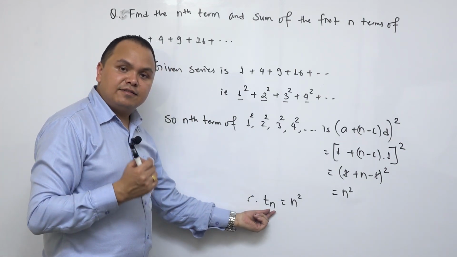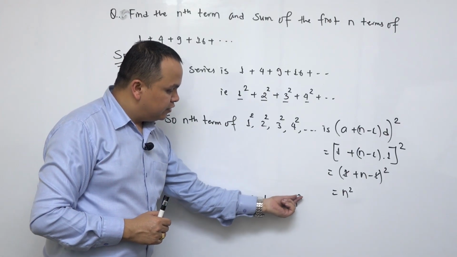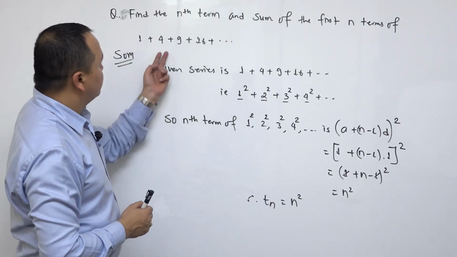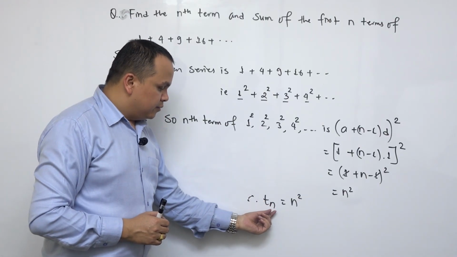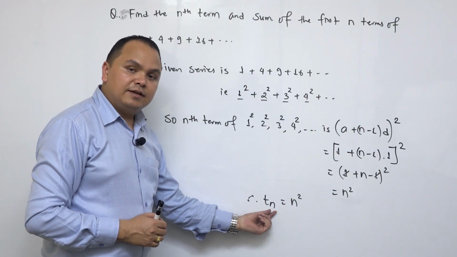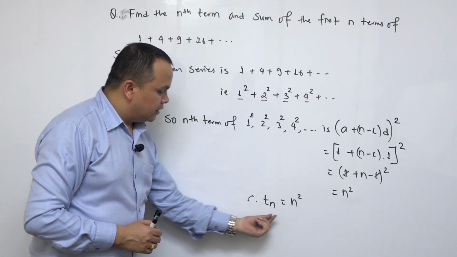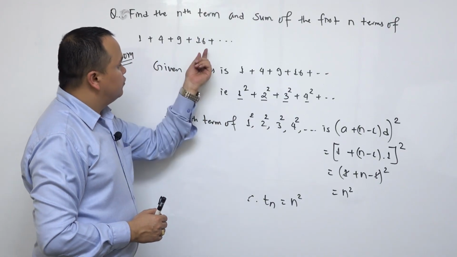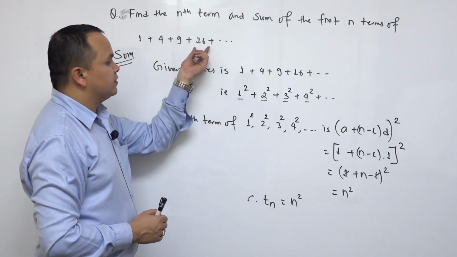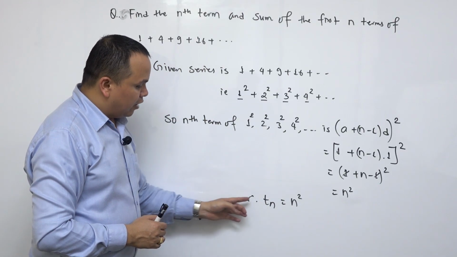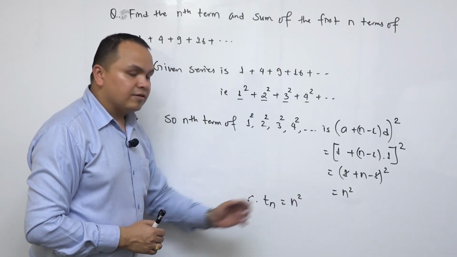Similarly, if we put n is 2, then 2 square, which is 4. If we put n is 3, then 3 square, which is 9. And if we put n is 4, then 4 square, which is 16. So our Tn, which is n square, is correct.